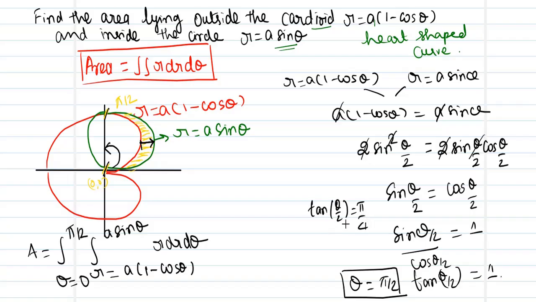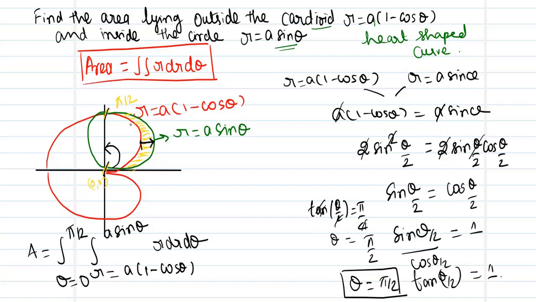So what will theta be equal to? The 2 can be cancelled off, so you will have it as pi by 2. Okay. So the points of intersection of the cardioid and the circle a sin theta will be at theta equal to pi by 2 and theta equal to 0 degrees.